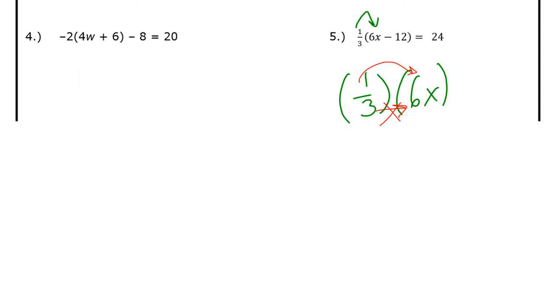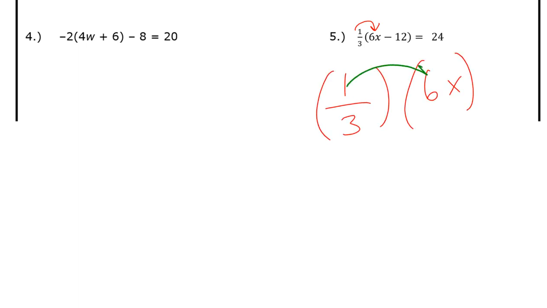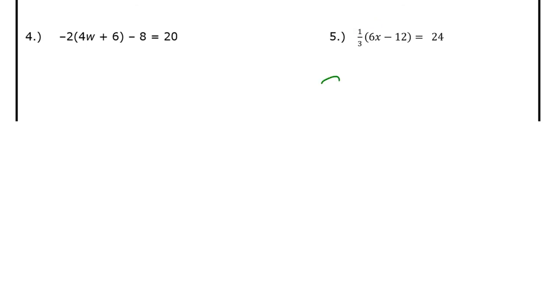No, because 3 is in the denominator. So 1 times 6 is 6, and now we're going to divide by 3. So 6 divided by 3 is 2x. So all of this simplifies down to this nice whole number.